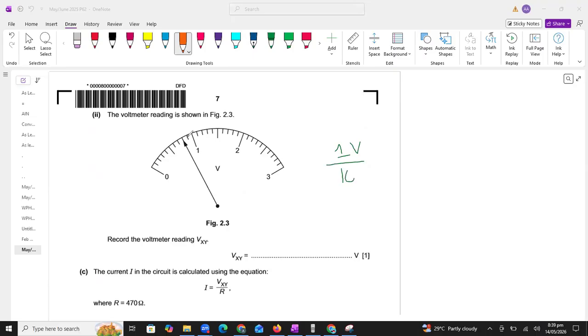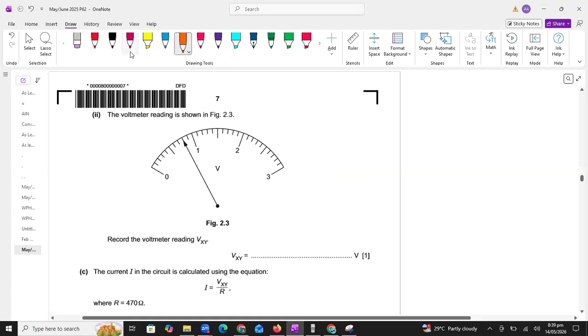So one line is representing 1 divided by 10, 0.1 volt. So one small line is representing 0.1 volt. So this must be 0.5, 0.6, 0.7, and 0.8. All right. So it is representing 0.8 volt. So now, students, we have to write the reading of voltmeter here, that is equal to 0.8 volt.